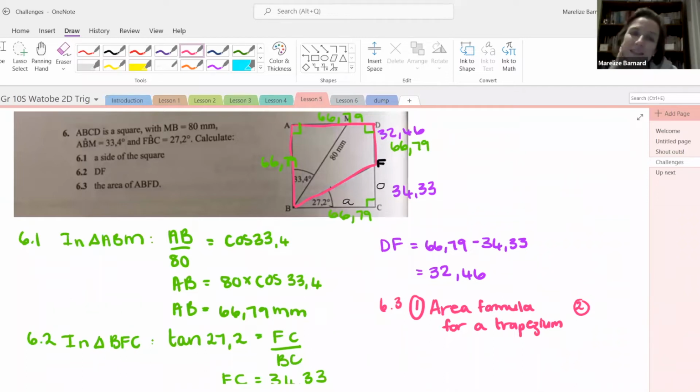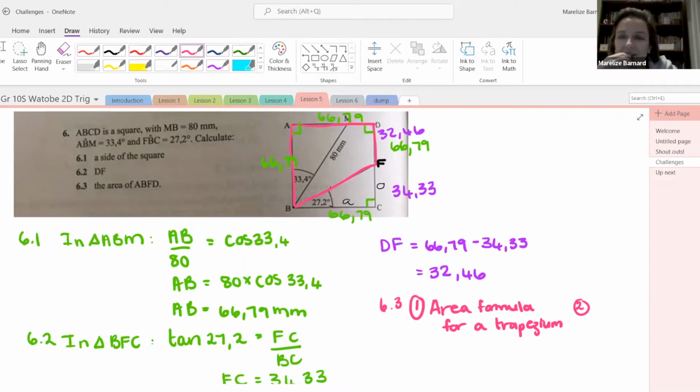Because if we look at the square, it is cut into different parts. So maybe I'm saying too much now, hey, Miss Coco, by saying that it's broken into different parts.